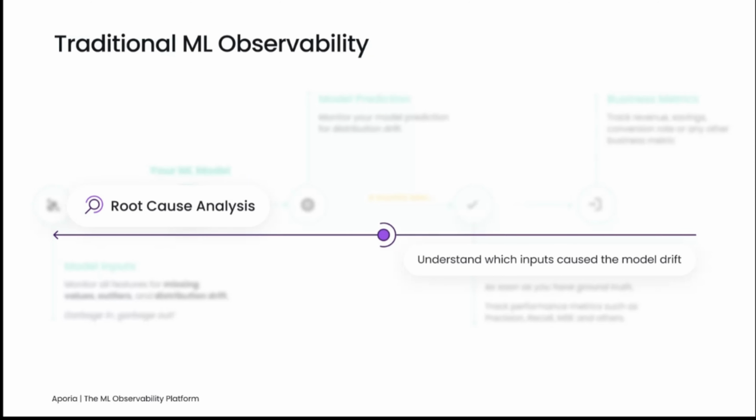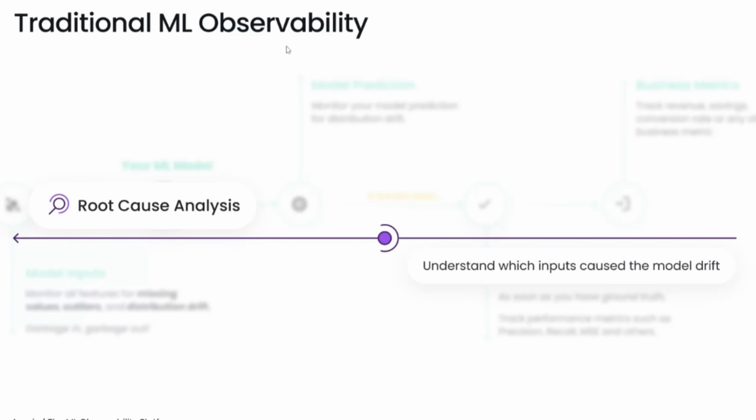I hope you take away from this talk what you need to achieve when you build your own things, and what could help you debug issues, or again, reduce the time it takes to debug issues. All right. So I'll switch to the Aporia app.